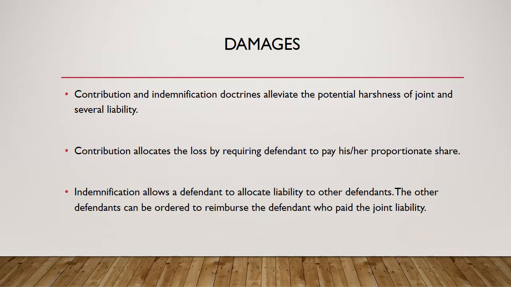If you have multiple defendants and you have fault allocated among the 2 defendants, and one defendant is 40% at fault and the other is 60% at fault, well, under the contribution rules, the 40% person is going to be liable for 40% of the award, and the defendant allocated 60% fault is going to be responsible for 60%.